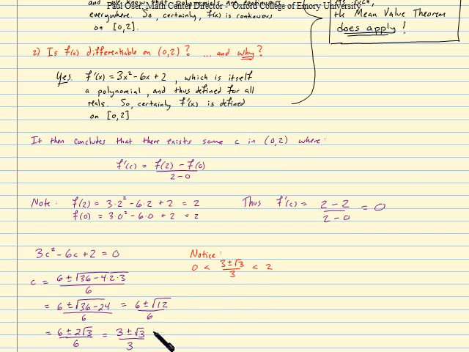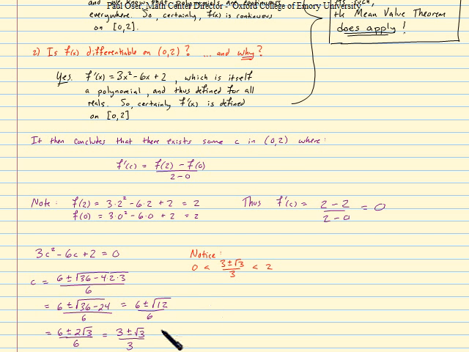If we found one of these values was not between 0 and 2, not in our interval, then its existence is not guaranteed by the mean value theorem. And again, just to be clear, even though we did in this case find two values of c that make this work, the mean value theorem only guarantees that we have at least one such value of c.